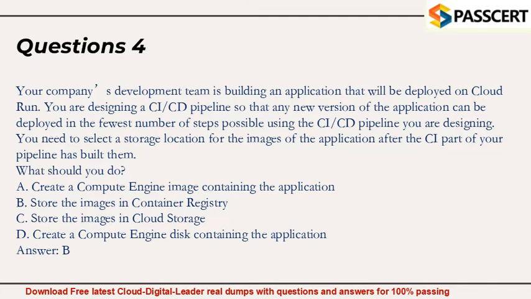What should you do? A. Create a Compute Engine image containing the application. B. Store the images in Container Registry. C. Store the images in Cloud Storage. D. Create a Compute Engine disk containing the application. Answer: B.